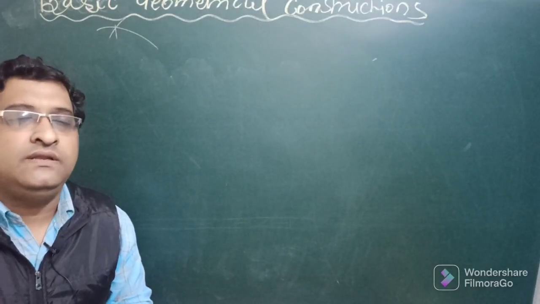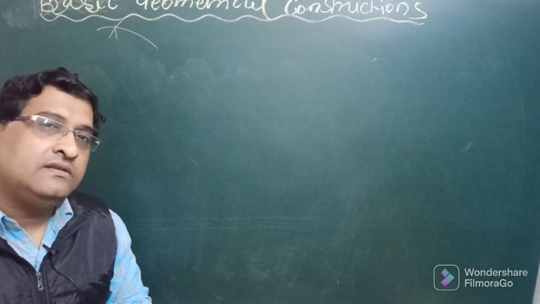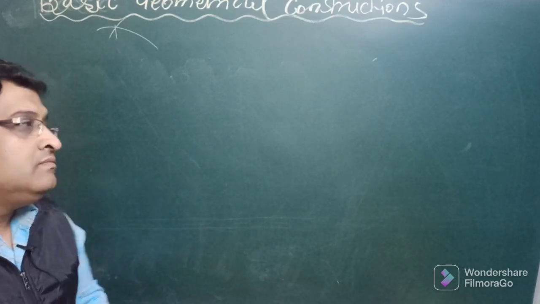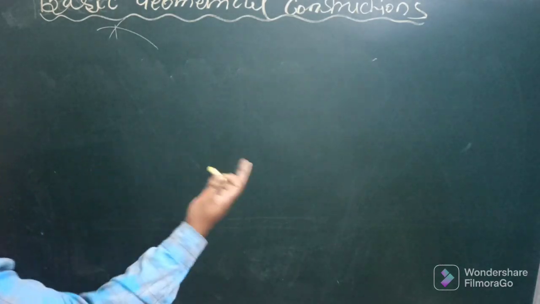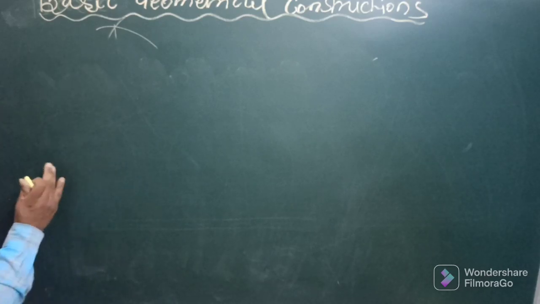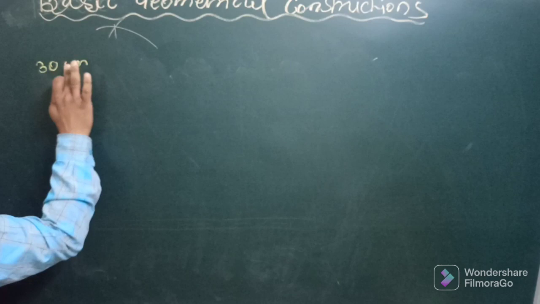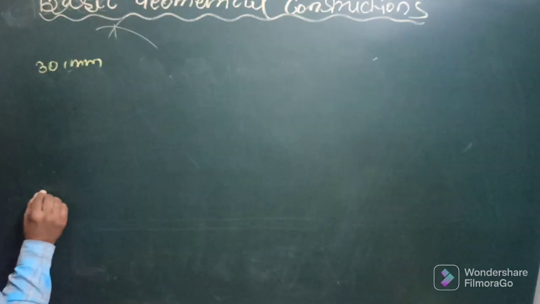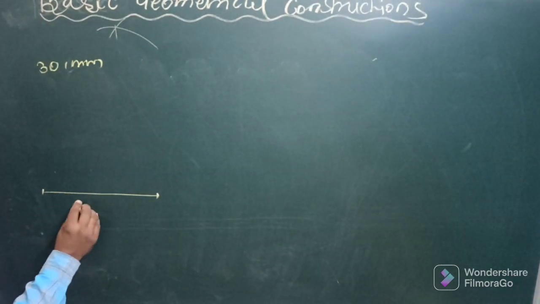Now we will understand how to draw simple figures like a triangle, square, rectangle or a parallelogram in engineering graphics. If 3 sides of a triangle are given, you can easily draw it, we have already seen. Now to draw a square, say you have to draw a square of 30 mm side. So what you need to do is just draw a line equal to 30 mm.